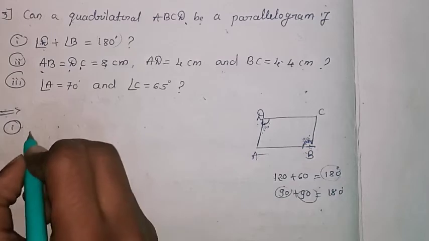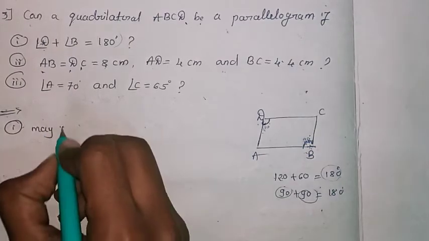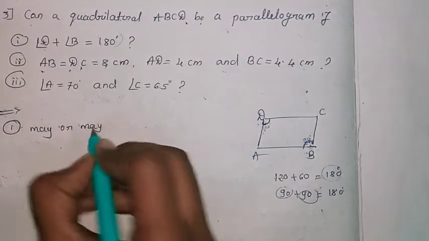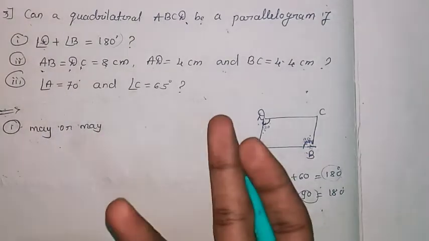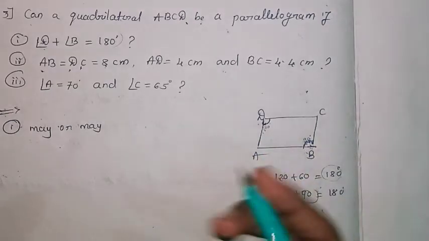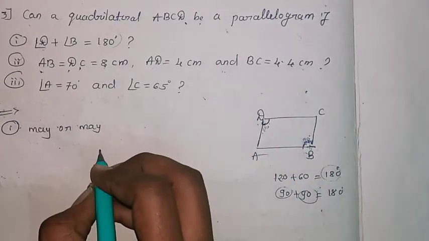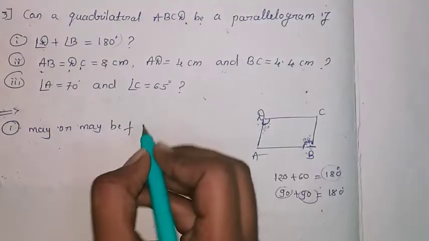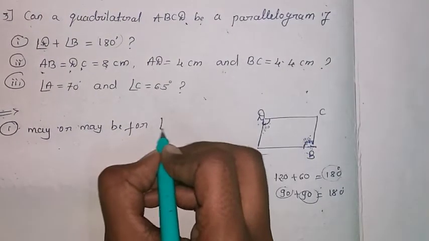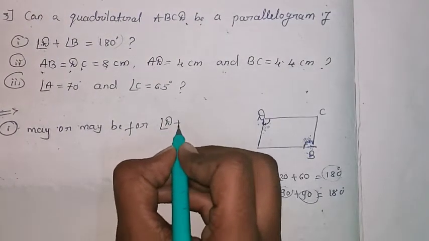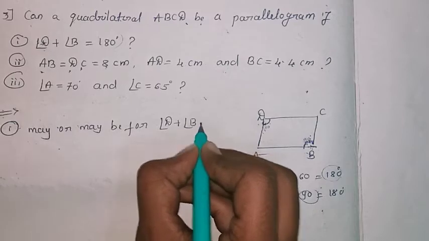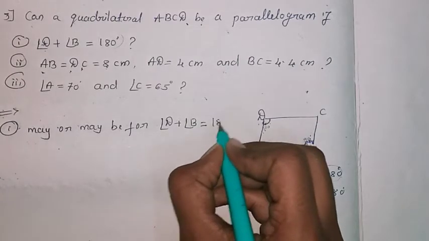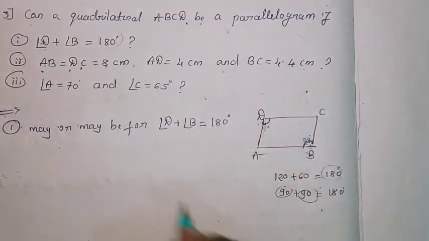So what we will write is "may or may not," because if the sum of the angles is not possible, then we can't do anything. Yes, so may or may not be, for this condition, that is angle D plus angle B equal to 180 degrees.